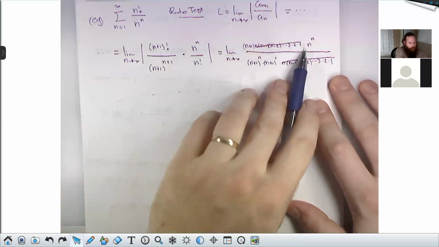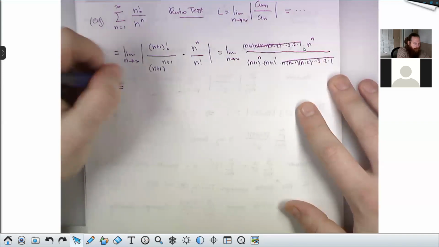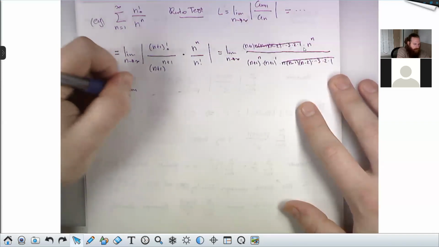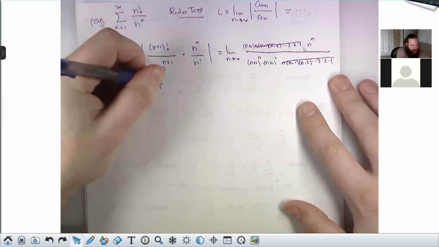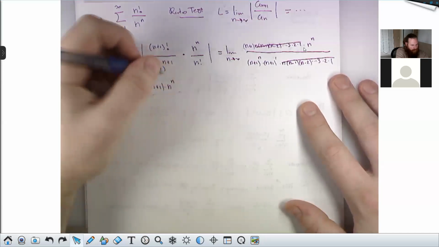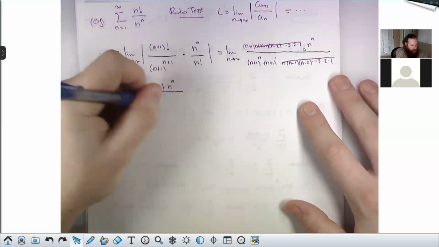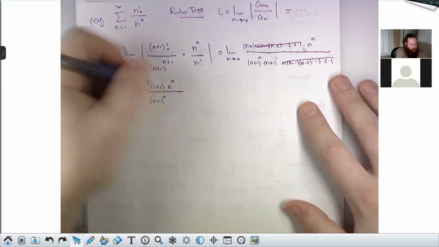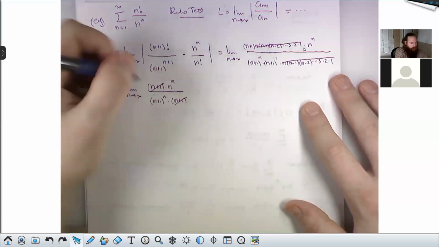Everything from n down to 1 cancels there. And what I'm left with is the limit as n goes to infinity. Upstairs I have (n+1) times n to the n. And downstairs I have (n+1) to the n times (n+1). And the (n+1)s cancel.